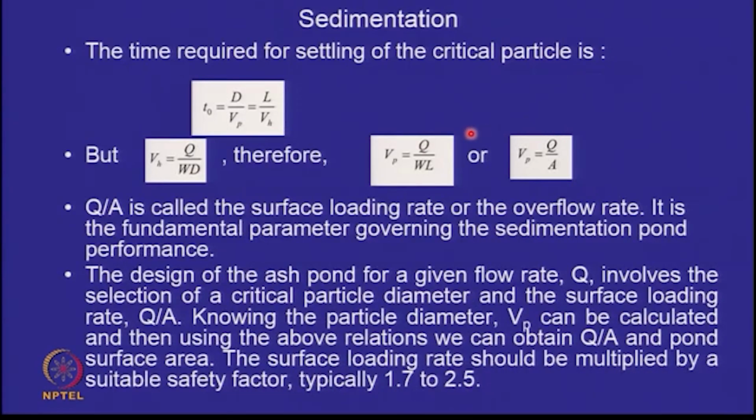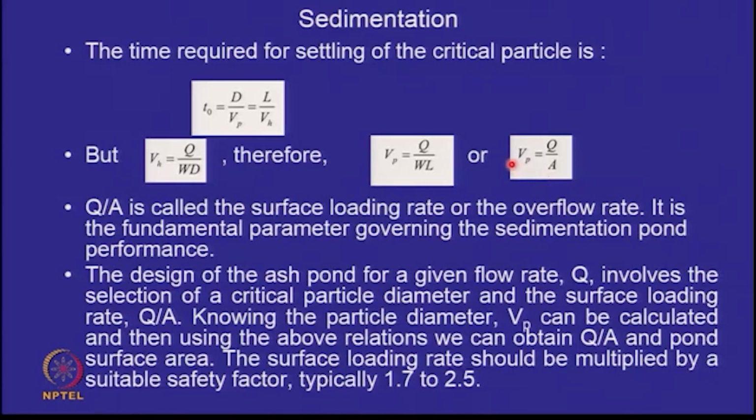We are not going to go into detail about this, but one of the equations which govern is that the velocity of the particle in the downward direction is the inflow divided by the area. From Stokes' law, you know the terminal velocity. If you know your Q coming in, you can find out your area as Q by Vp.